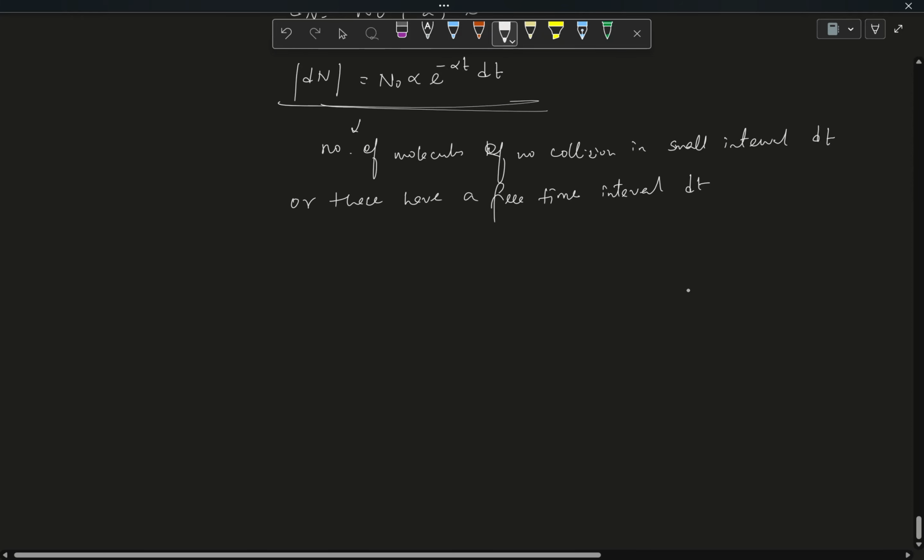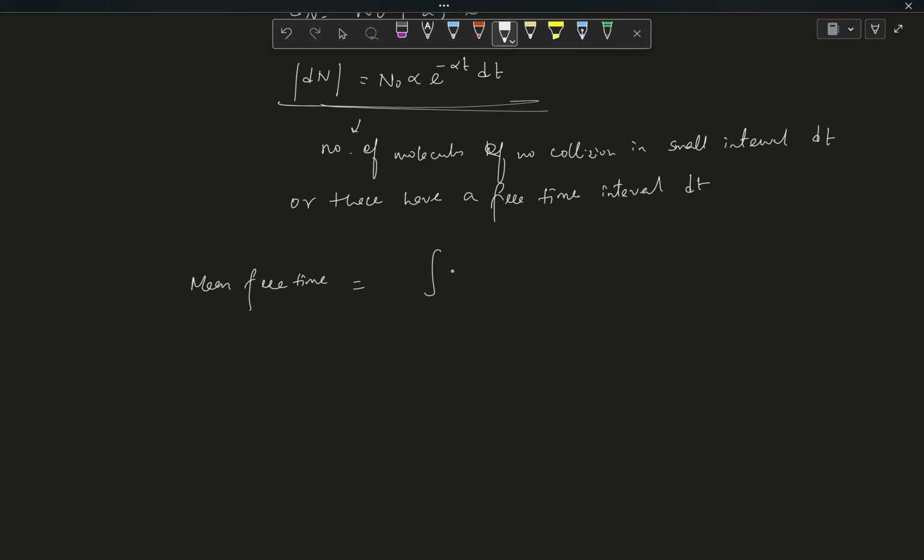So now you have to calculate the mean free time, that means you have to average it out. So mean free time is basically t dn divided by the integration of full dn. So we are integrating for all the number of molecules where n can go from 0 to infinity, and the time interval is taken as t. So this denominator is n naught, the total number of molecules present initially.